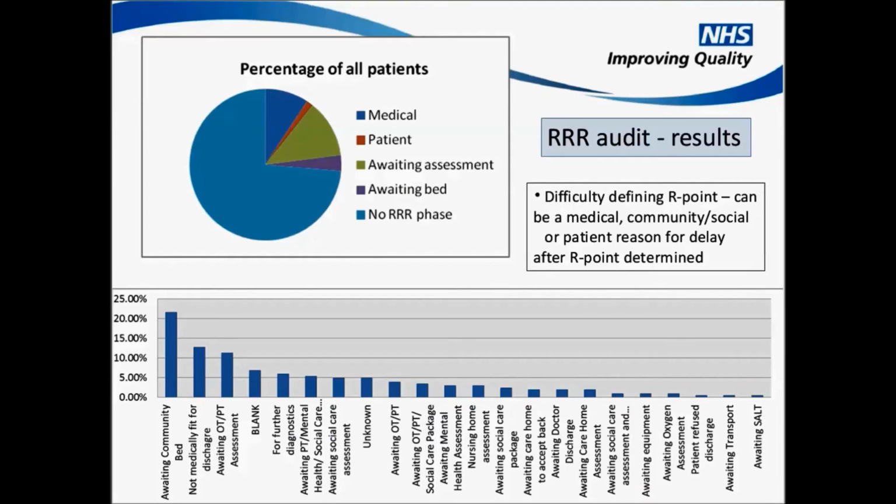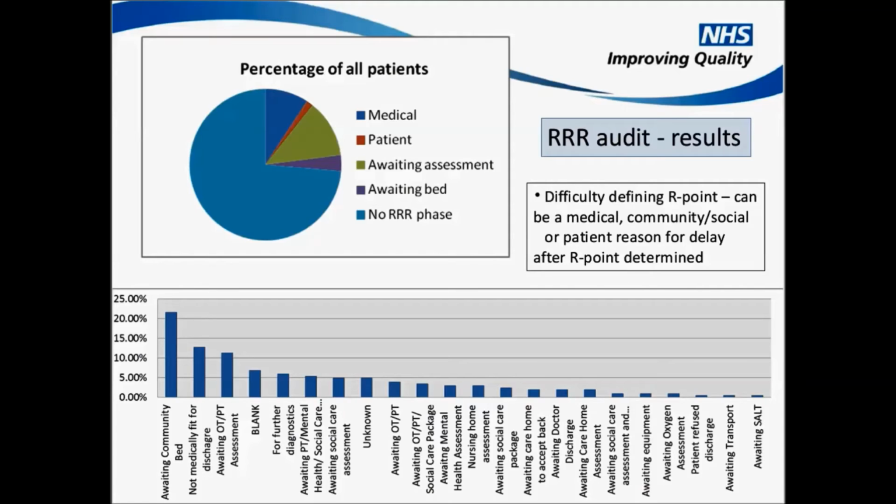This, I think, is one of the more interesting findings from the audits that were carried out. The top graph is looking at the percentage of all patients within the audit who either had no RRR needs or what the reasons were for their RRR.